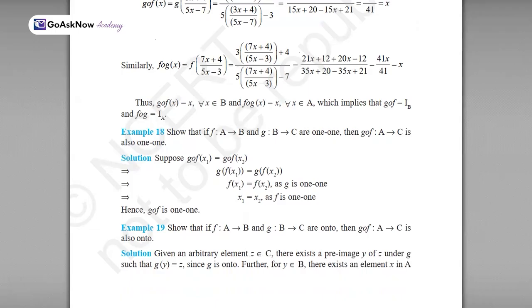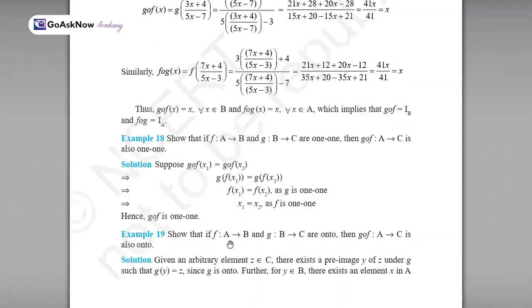You can prove it by yourself by writing g∘f(x1) and g∘f(x2), expanding and cancelling out the g function on both sides. You will get x1 is equal to x2, that is f is 1-1. So you will also get that g∘f is a 1-1 function.